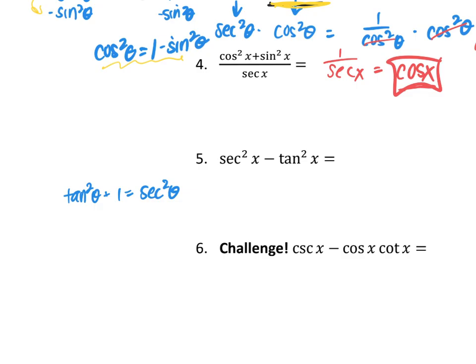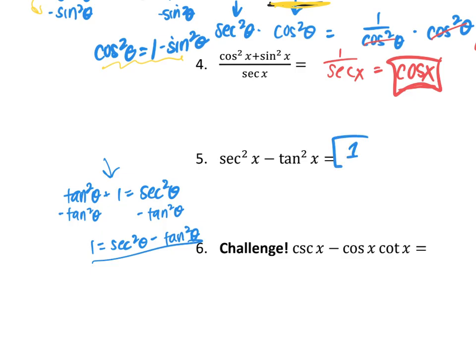Okay, but I'm looking for secant squared minus tangent squared. Well, couldn't I just subtract tangent squared from both sides? And then I do have secant squared minus tangent squared, and that's going to equal 1. So I manipulated this Pythagorean identity to isolate for 1, and I got secant squared minus tangent squared equals 1.